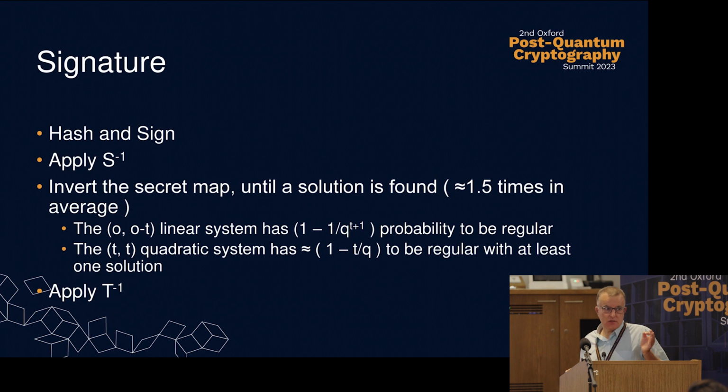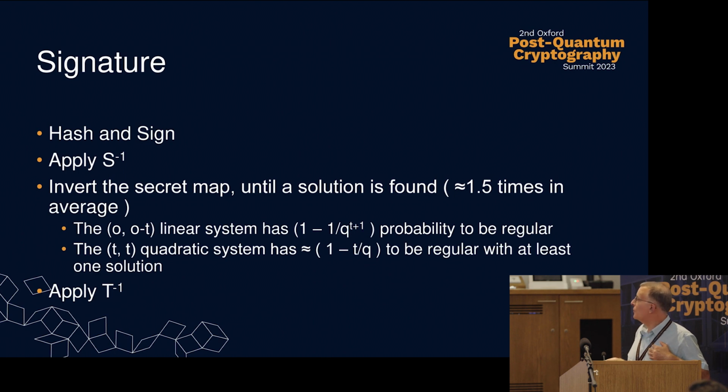The hash is simply the hash of the message, and the output of the hash is mapped to the right-hand side of the system. You have to invert, so you apply the inverse of S. You invert the map, like I said before, until a solution is found.